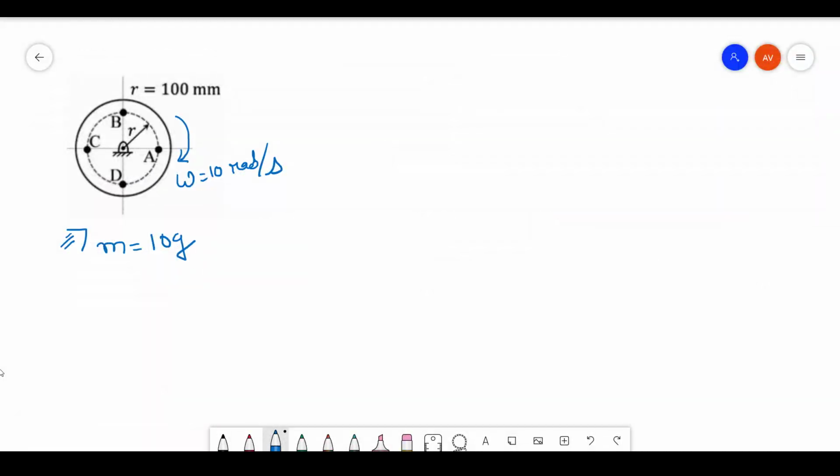Now let's see how the problem works out. If this is my center point, you have a mass here, here, here, and here. Assume they are at equal distance. Along each line, each mass is going to experience some centrifugal force like we saw earlier.